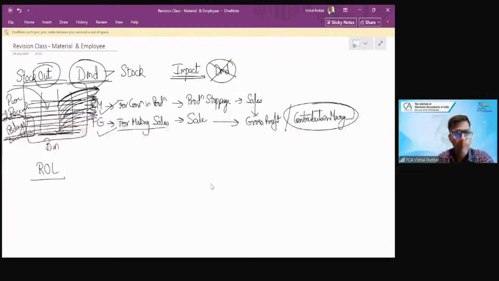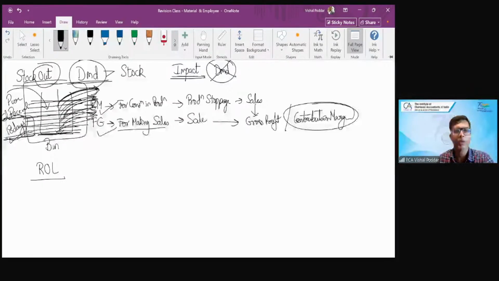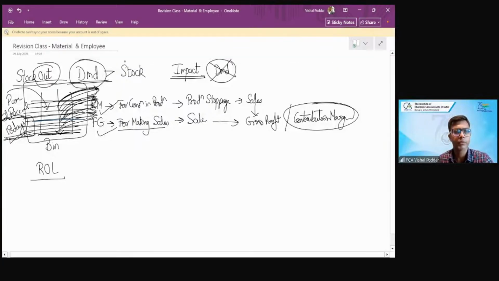In stock levels, one very important stock level that is always used by business is the reorder level. It is somewhere here, let us say diagrammatically.